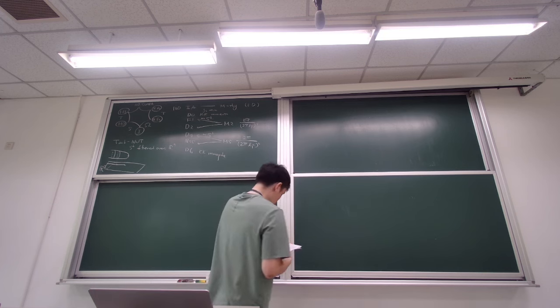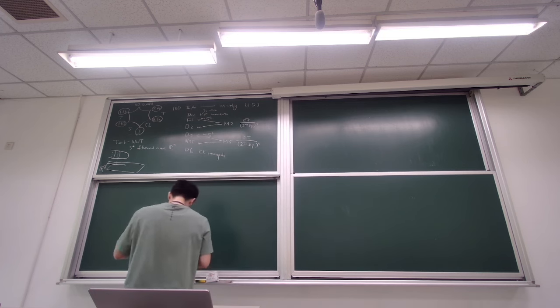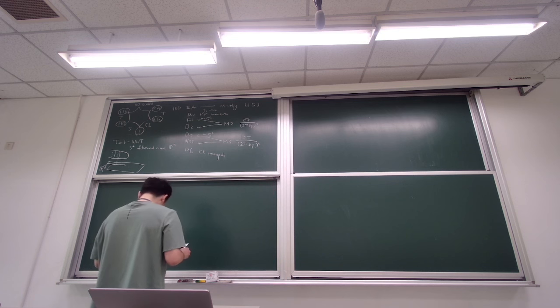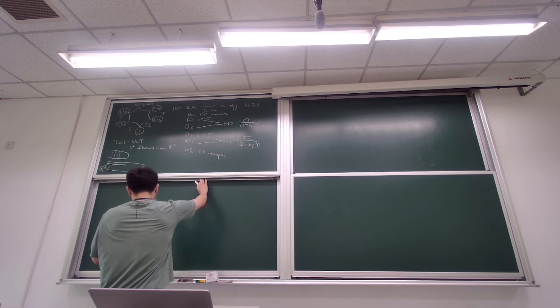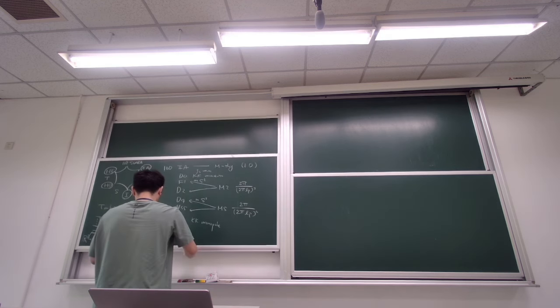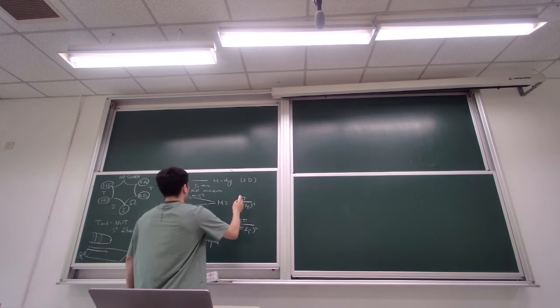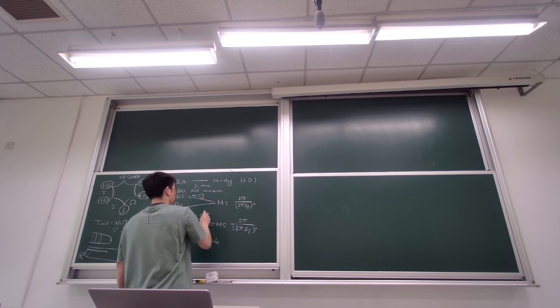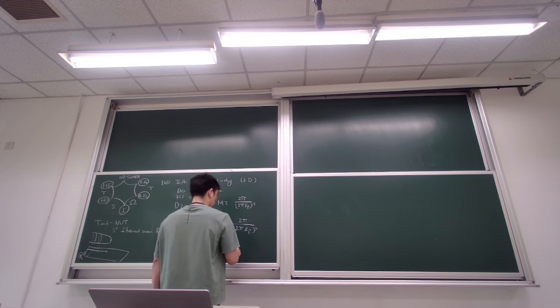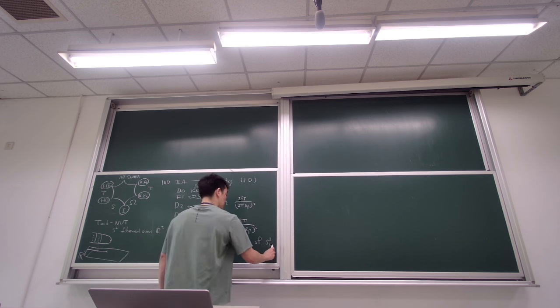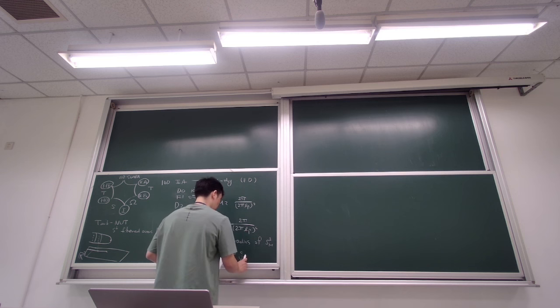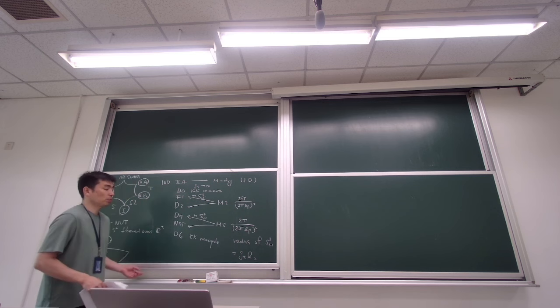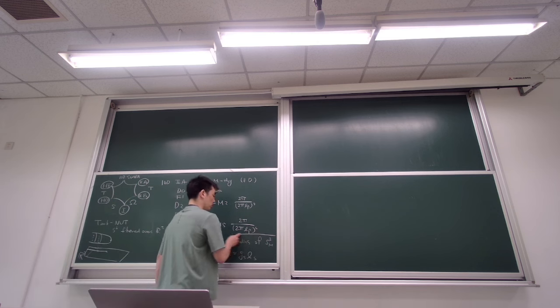Okay, and then the radius of the M-theory circle S1, let's call it the M circle, is indeed given by g_s times l_s, the string length, so it's proportional to the coupling constant of string theory.